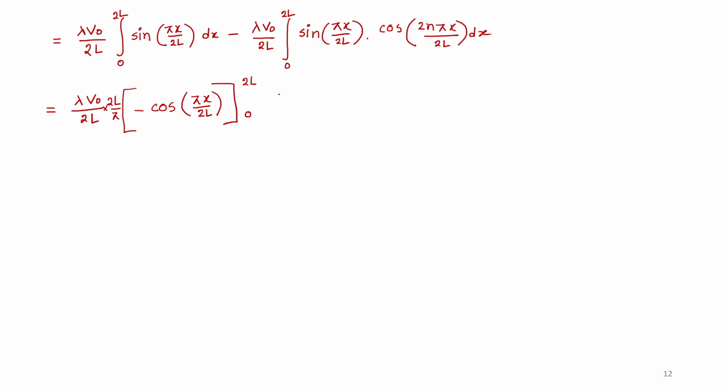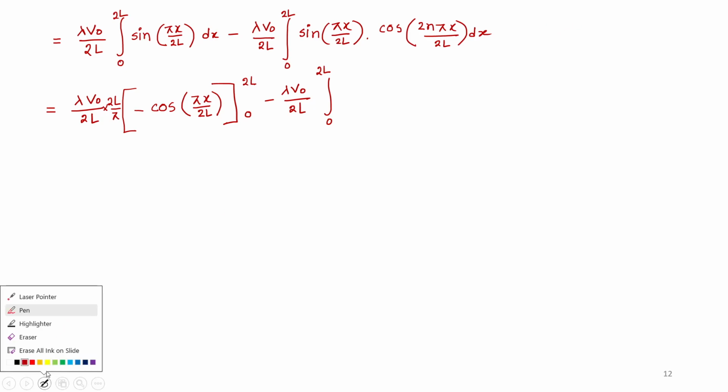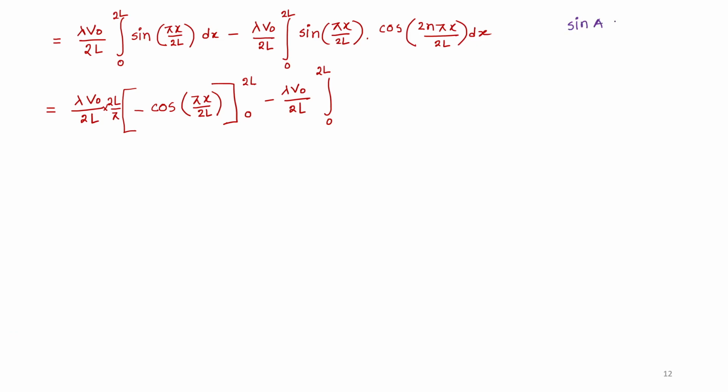And for this case also lambda V0 by 2L, we will actually not solve it yet. I will still modify it. You know, right? So this is something in the form of sine A cos B, right?